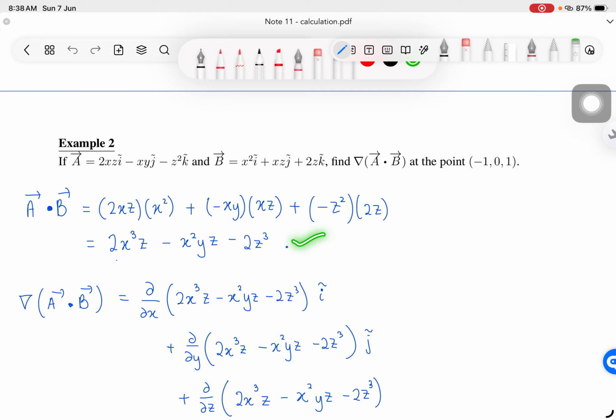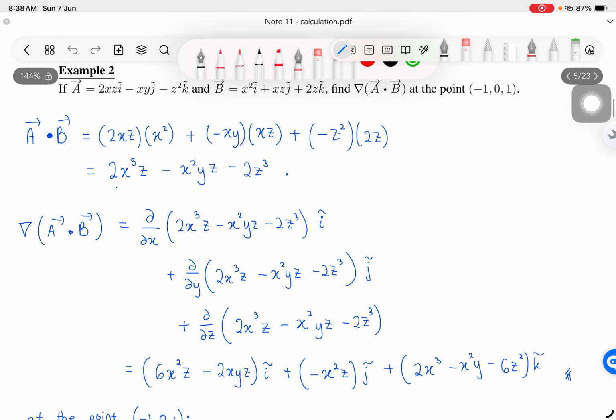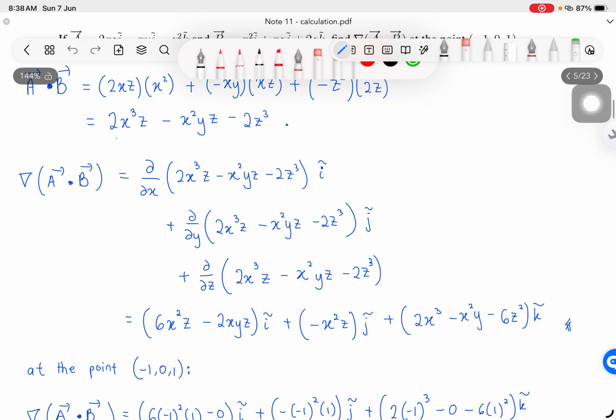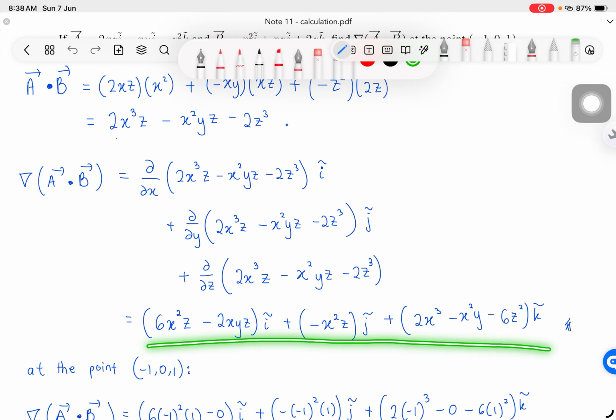And then after you obtain A dot B, you need to find the gradient of that one. So meaning that for I, you need to differentiate with respect to X. For J, you need to differentiate with respect to Y. And for K, you need to differentiate with respect to Z. When you differentiate with respect to X, Y and Z, you obtain this one.